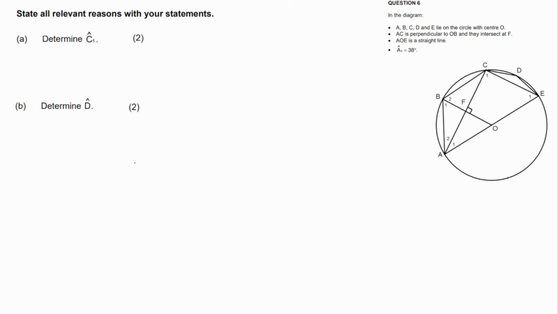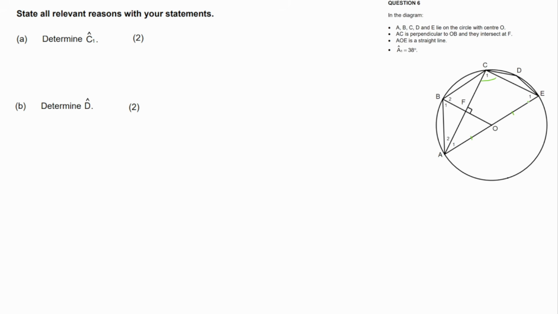It says there at the top, we need to determine C1. So C1 is over here. So we need to determine this angle over here. But they said that AOE is a straight line. And you'll see that's a diameter. So AOE is a diameter because these are radii.